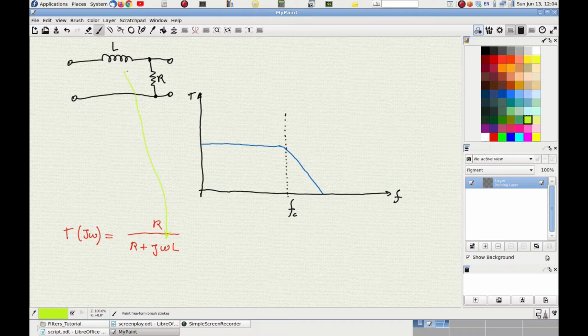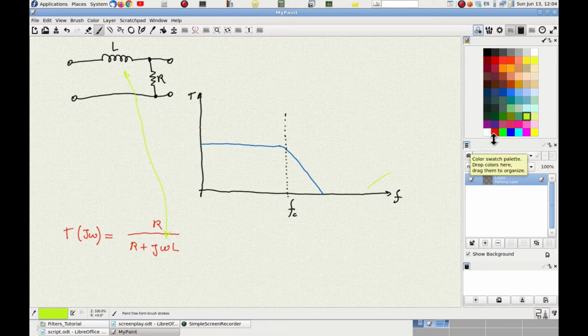But if we start increasing the frequency, the inductor will start presenting its inductive reactance, which will increase with the increase of the frequency. Such reactance will behave like a resistor, and the higher the reactance, the higher will be the equivalent resistance. And so, the voltage divider at some point will allow less and less voltage to go from the input to the output.